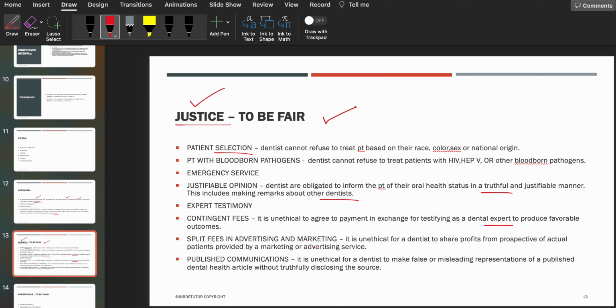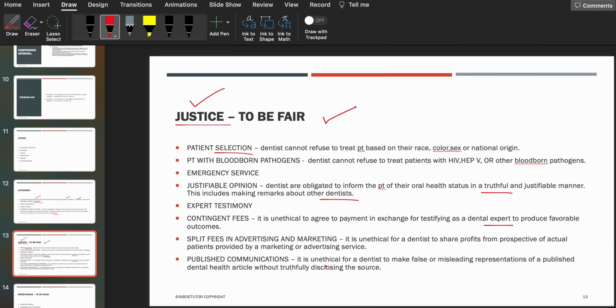Split fees in advertising and marketing: it is unethical for a dentist to share profits from actual patients provided by marketing or advertising services. Like some toothbrush companies reach out to dentists saying, if you prescribe this particular toothbrush to the patient, you can have a certain amount of fees. That is unethical again.